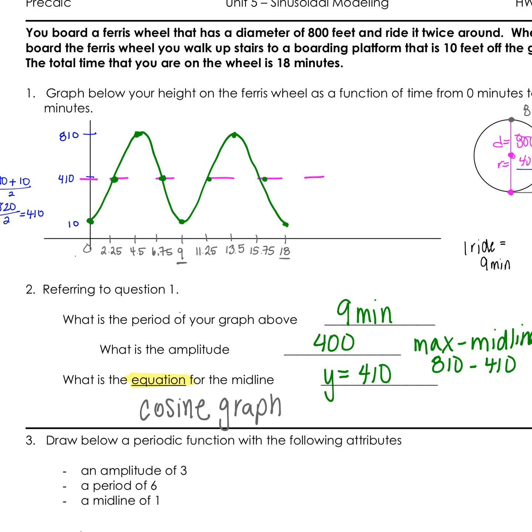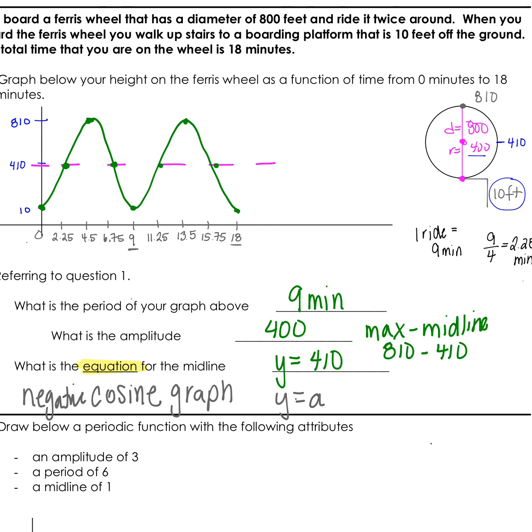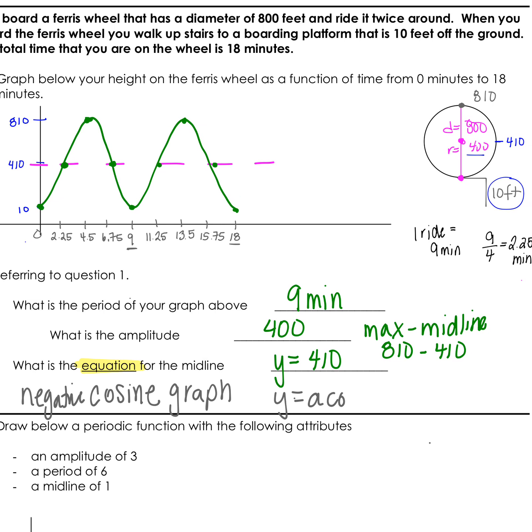It is a negative cosine graph. Tomorrow we're going to have to go a step further and write it. We have our A, our amplitude, and we know it's going to be a negative cosine, so it's negative A cosine.